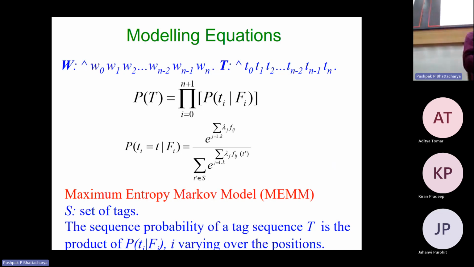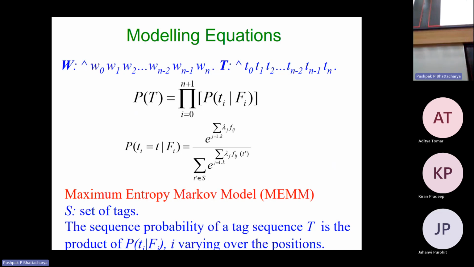This is what is desired. So probability of T given W is the product over i equal to 0 to n plus 1 of probability of Ti given Fi: the tag at position number i, conditioned on the features at position number i.